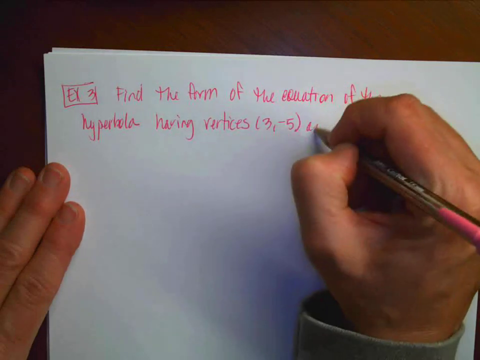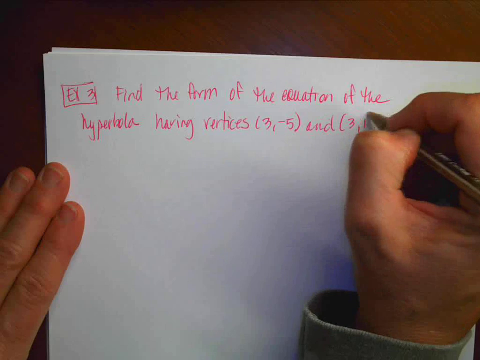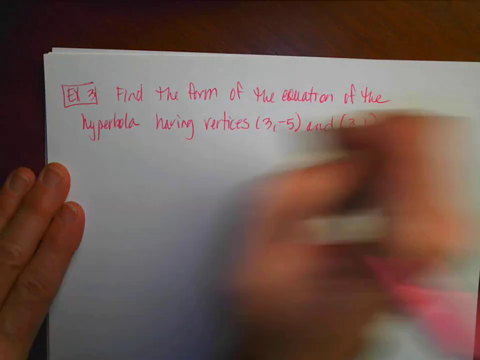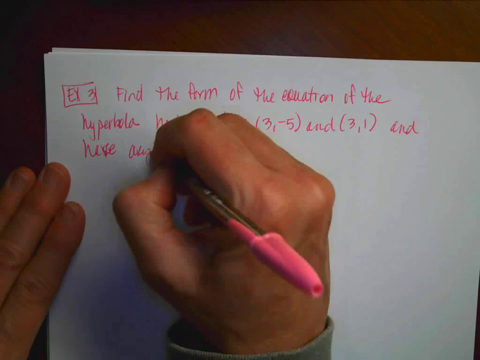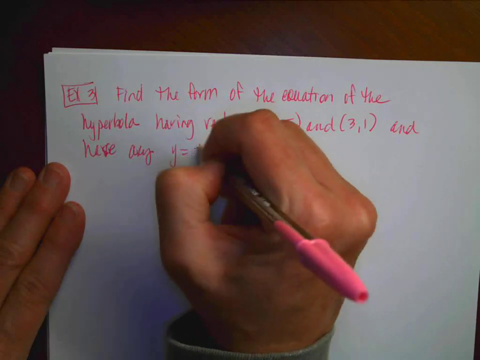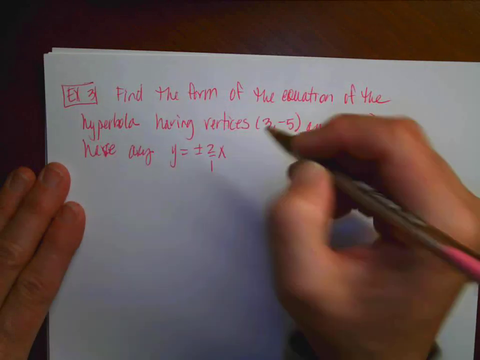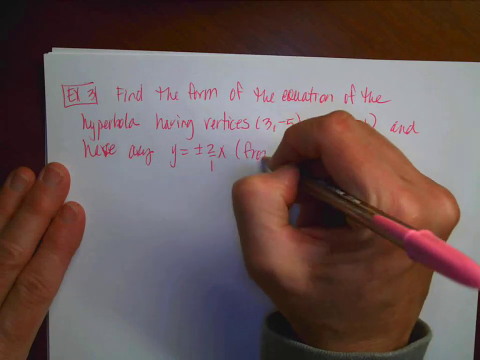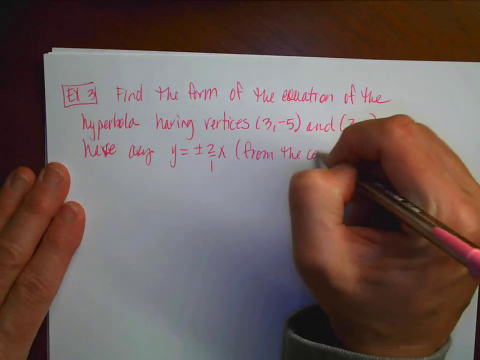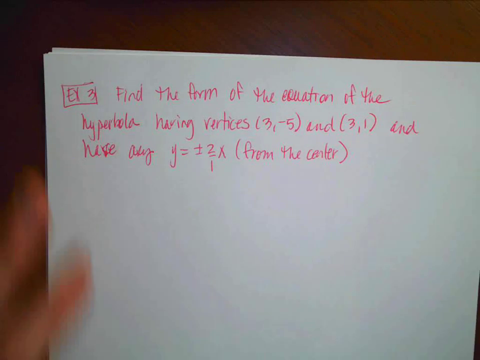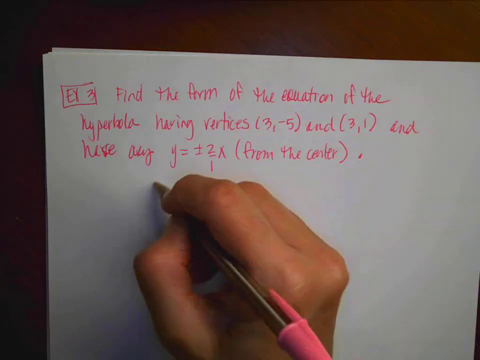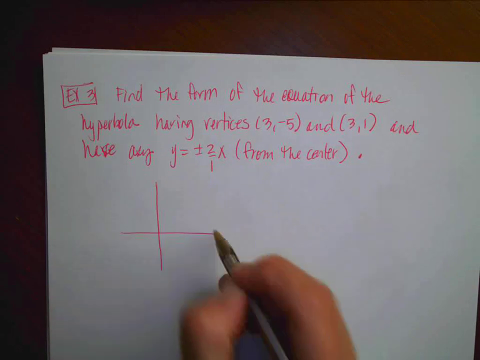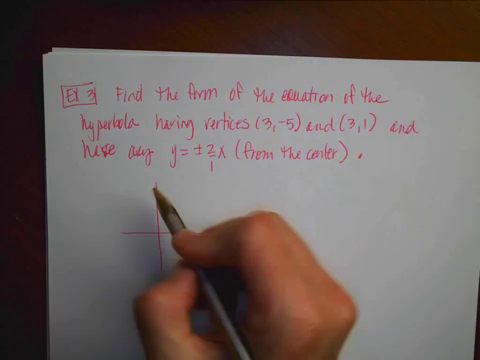So they just changed the conditions that they're giving you for each problem, and 3, 1, and they're going to have asymptotes of y is equal to plus or minus 2 over 1 x, and remember that that's going to be from the center, okay?